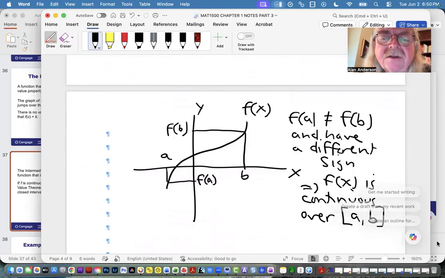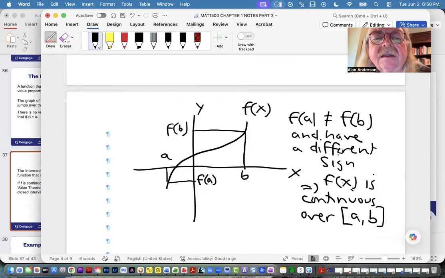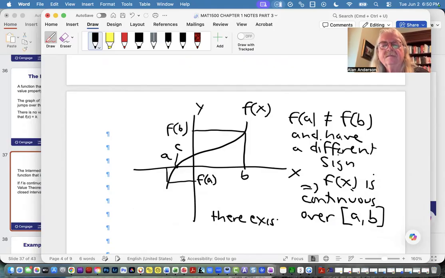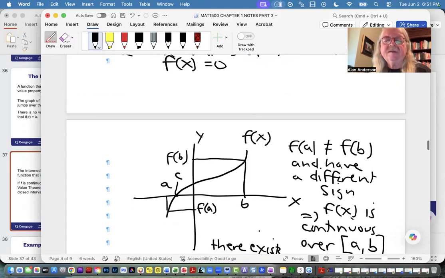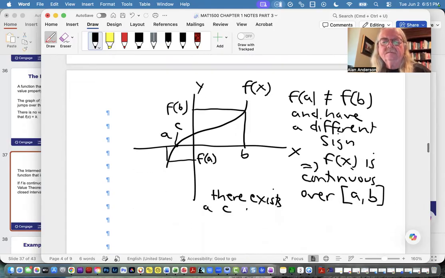And then what that means is, just like before, there's going to be a C in here somewhere, but specifically the C is such that that C is a 0. In other words, then there exists a C between A and B such that f of c is zero.